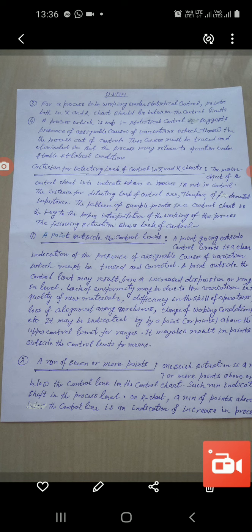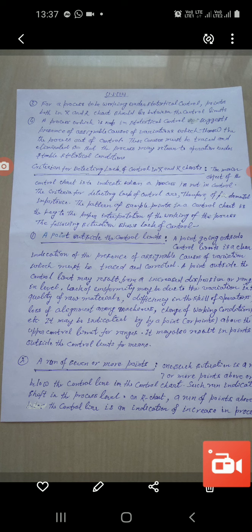Now, the next point we will discuss is the criteria for detecting lack of control in X bar and R charts. Means what are the criteria under which the X bar and R chart shows lack of control. Okay, the main object of the control chart is to indicate when a process is not in control.